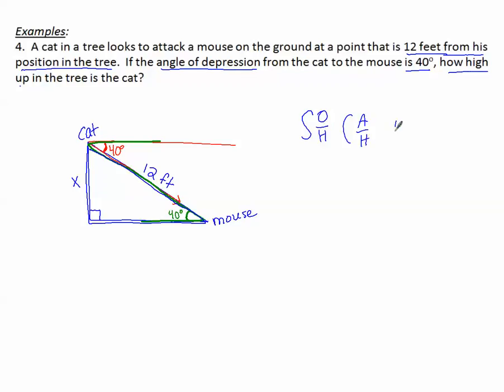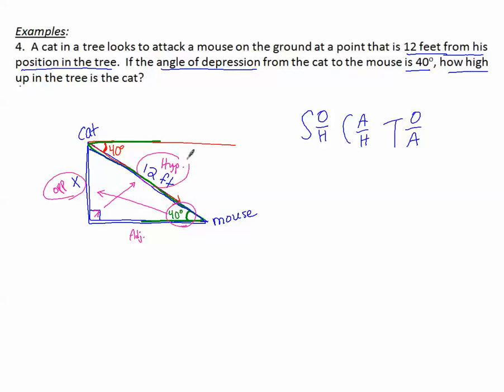SOHCAHTOA. Let's label from the angle that we have in our picture. So from this angle, opposite. From the right angle, hypotenuse. And then remaining is adjacent.